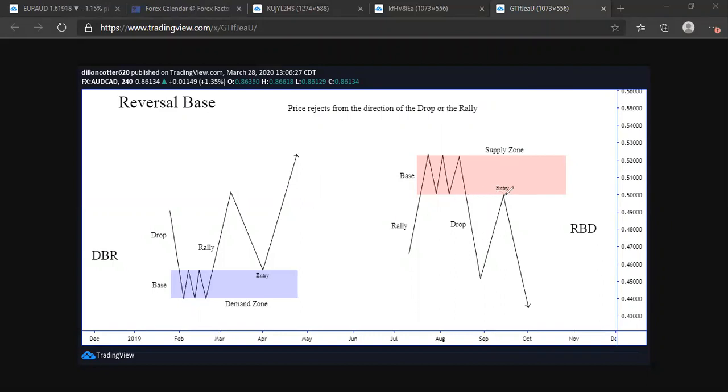So we'll be wanting to sell in that direction of that first drop, that initial drop that broke that structure or broke out of distribution. Okay.